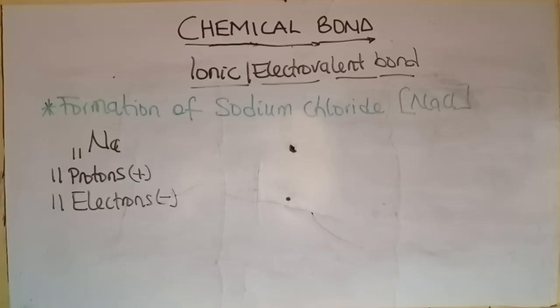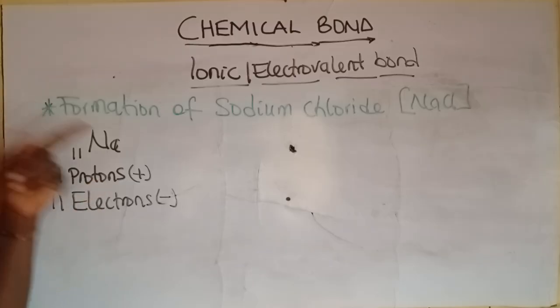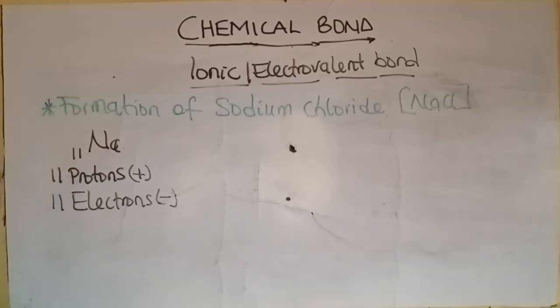Atomic number is simply the number of protons in the nucleus of an atom. And for an atom to be electrically neutral, it must have equal number of protons and electrons, because protons are positively charged and electrons are negatively charged.